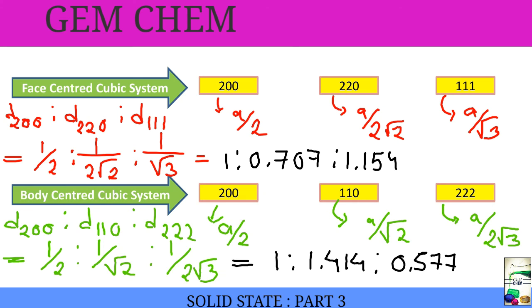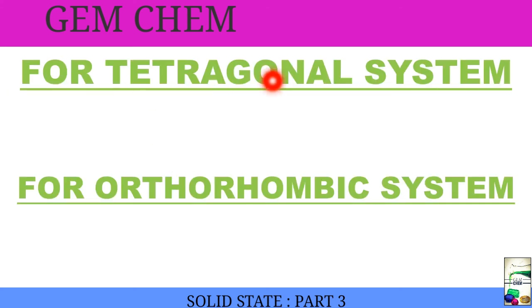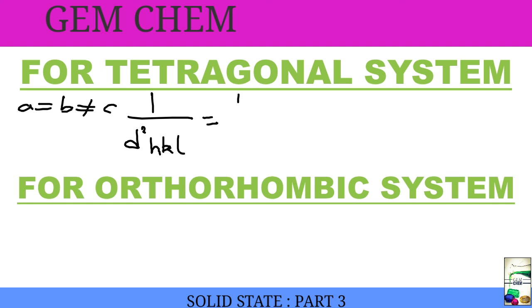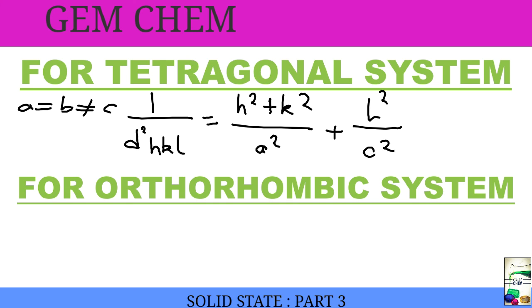Now we will see the tetragonal system. For the tetragonal system, basically one side is unequal, that is a is equal to b but not equal to c. So the value is 1 by d square HKL equals h square plus k square by a square plus l square by c square.